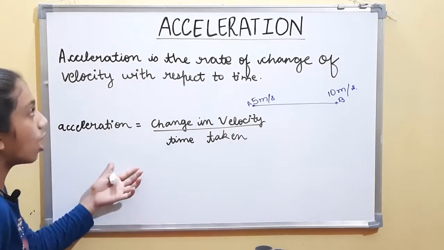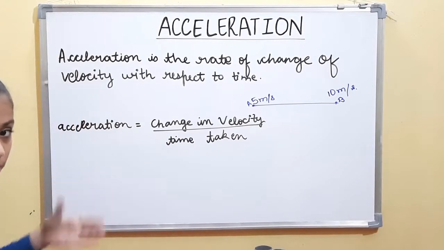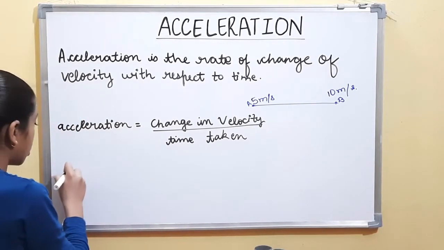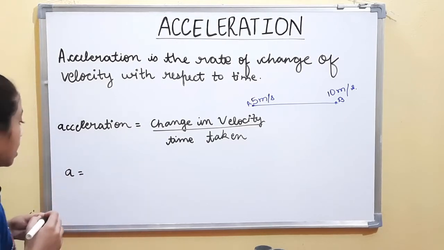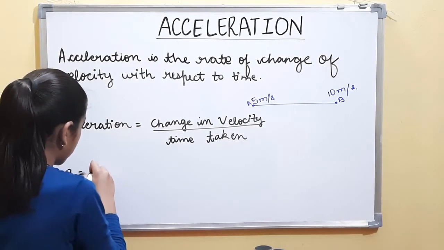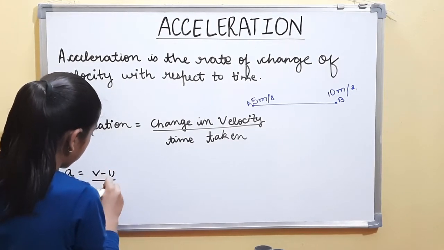This is the formula of acceleration. Let's write this formula in symbols. So, acceleration, that means A, is equal to V minus U upon T.